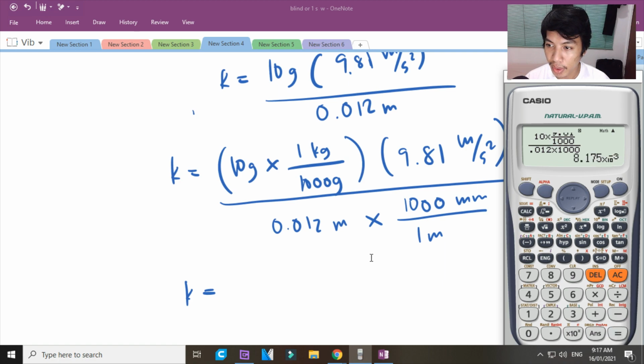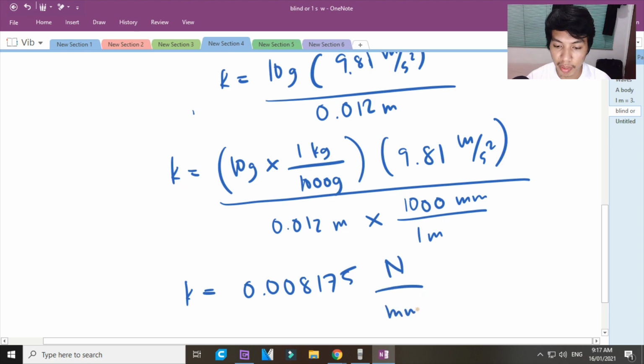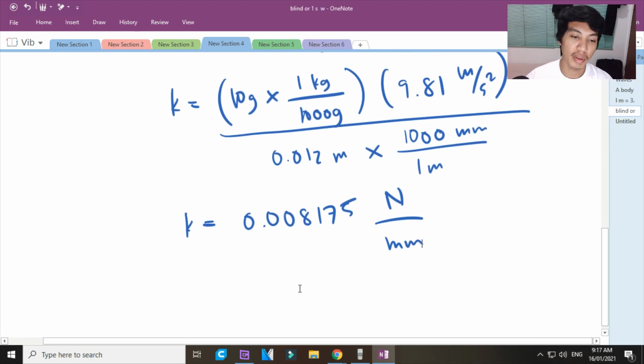So, the value is 0.008175 Newton per millimeter. Check natin. Correct. So, that is the spring rate.